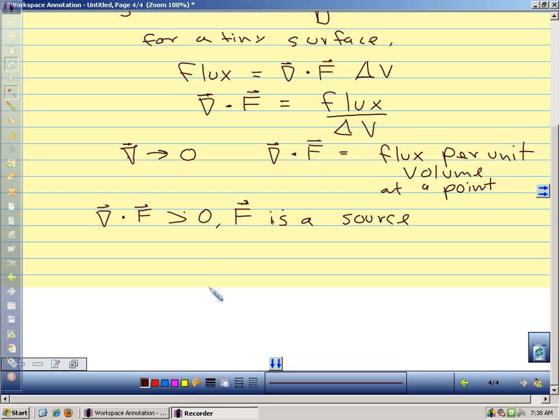So the field is flowing out, is the way we think of it there. If del dot F is less than 0, we call F a sink. So things are flowing in at that point. And if the divergence equals 0, F is called incompressible.